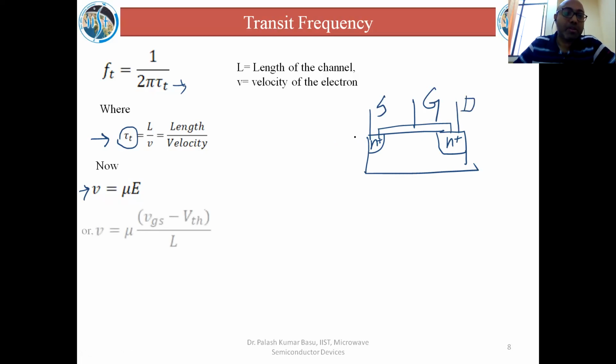You can write what my field is. If it is a length L, what is the electric field? It is VGS minus V threshold, divided by L, because that is the electric field you are applying, right? Let's think about the saturation region.